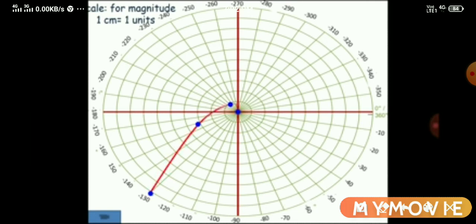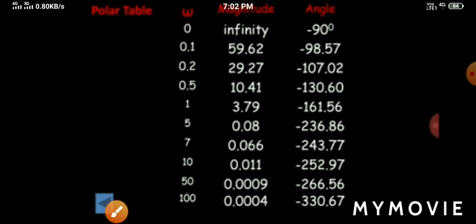Then another magnitude will reach 0. Then draw a line. These are the angles you can see here, 140, then minus 160. These are the magnitudes, 10.41, 3 point something like that, and we need to mark them by looking at the angle. Then this is the reference line where this plane is intersecting, so this part is omega GC.